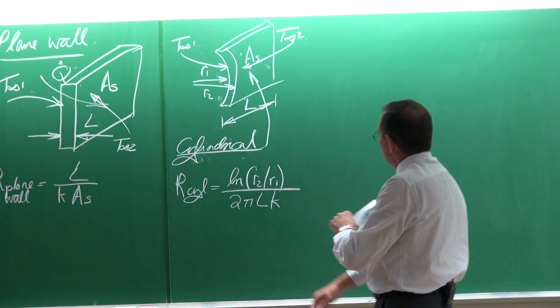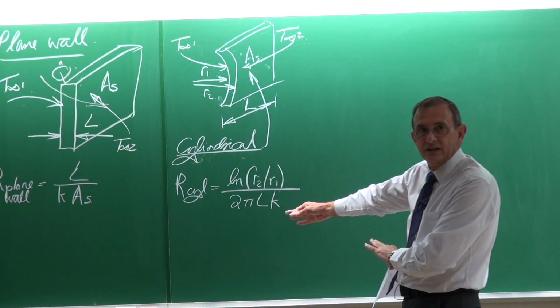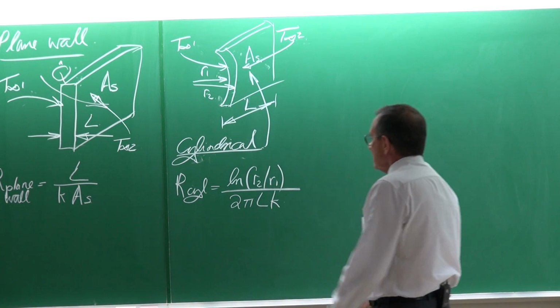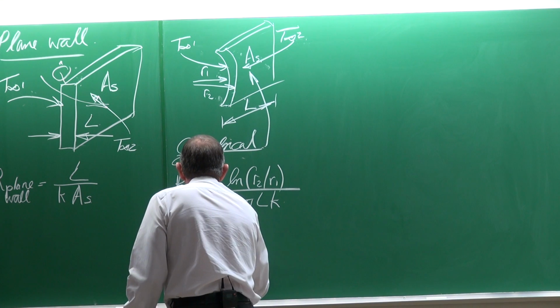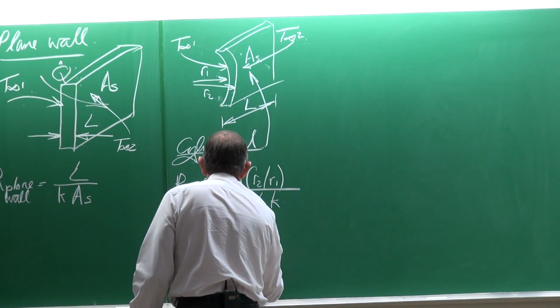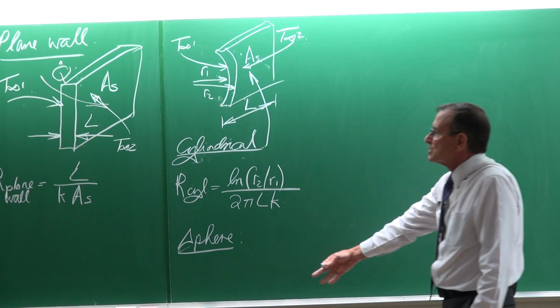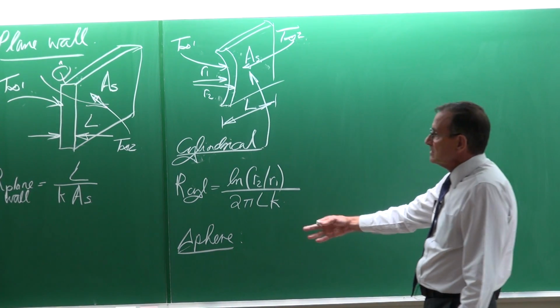Well, you don't have to remember it. It is in your textbook. You must just know where it is. And then there are other cases also. There's a case for the sphere and other types of geometries of which the resistance term has all been given.